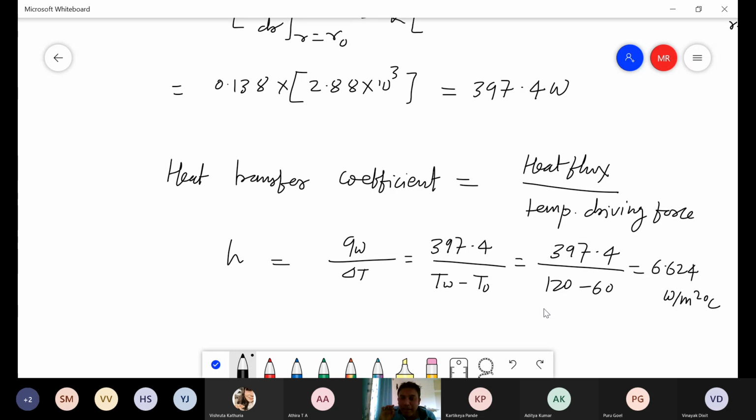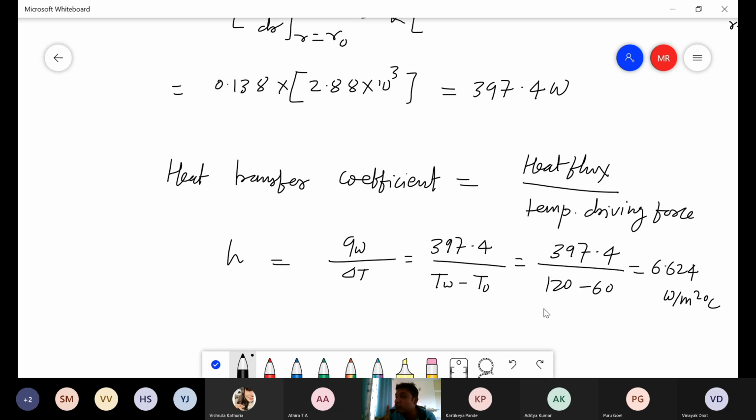Remember, in case of a laminar flow, we assume that this entire thickness in the laminar region is used as a resistance, isn't it? It's not that the resistance is only present very close to the wall. In case of turbulent flow, we assume that the maximum resistance offered to the heat transfer is only present very near to the wall, where the flow mostly remains in the laminar region.